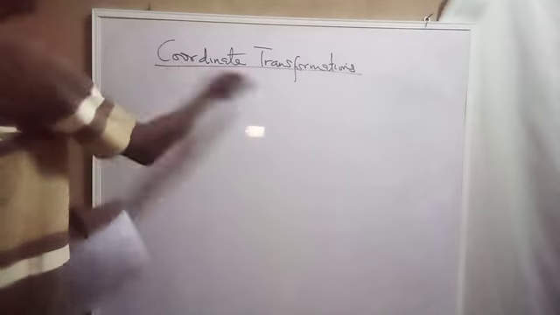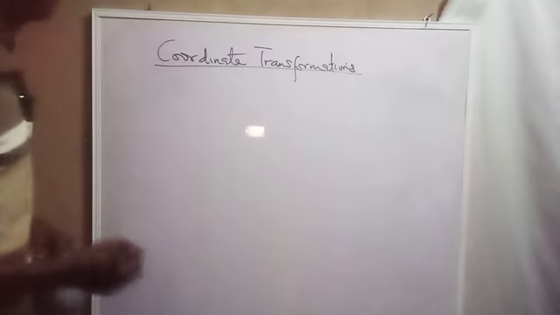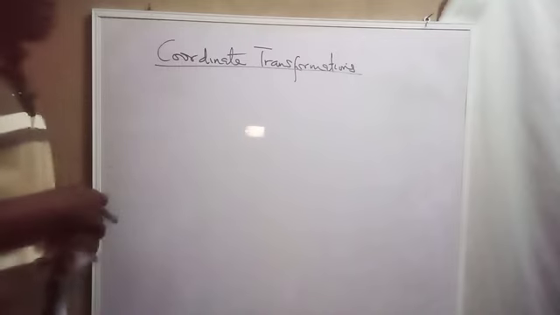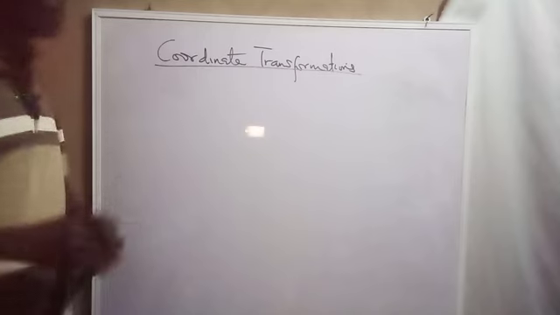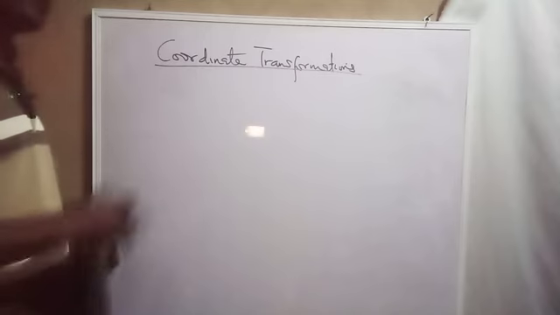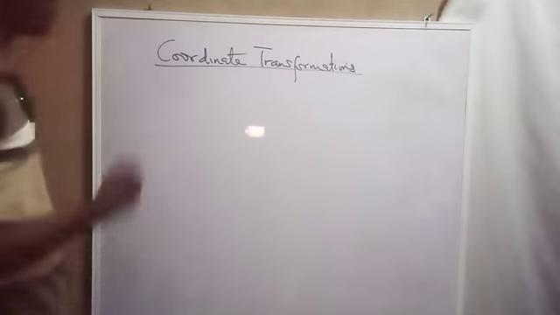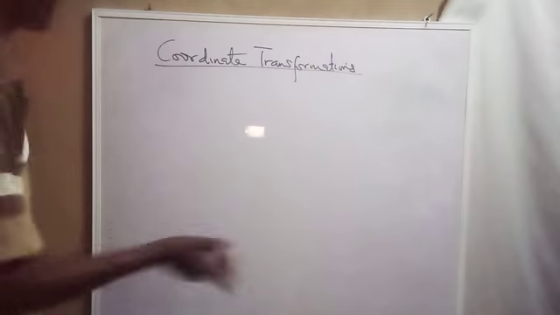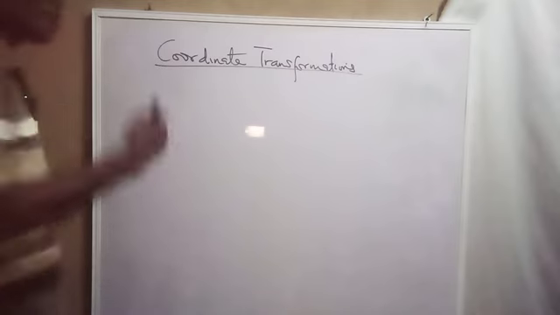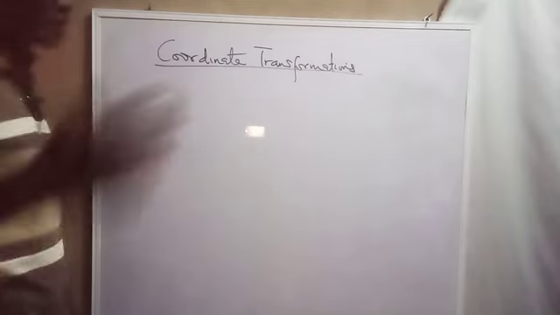Now, by the word coordinate, we must have come across this word in mathematics, particularly under coordinate geometry, where we're talking about geometry of a space, of a plane, and the like. Then we'll be talking about the x, y plane, x, y, z plane.